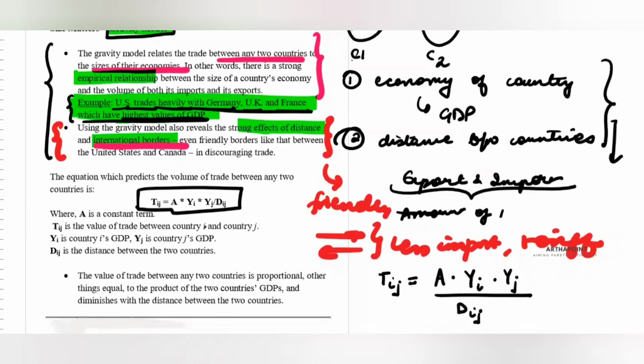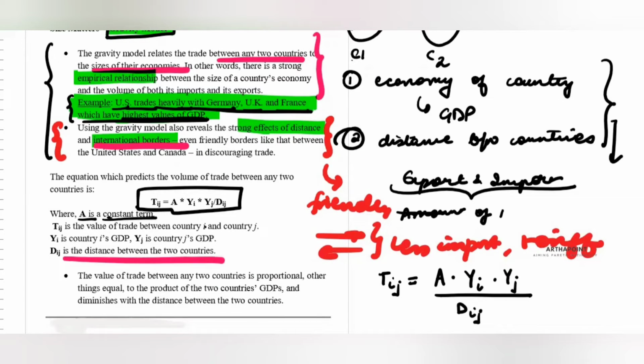Here A is a constant, Tij is the value of trade between country I and J, Yi is country I's GDP, Yj is country J's GDP, and Dij is the distance between the two countries I and J.